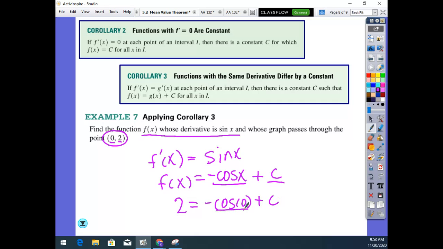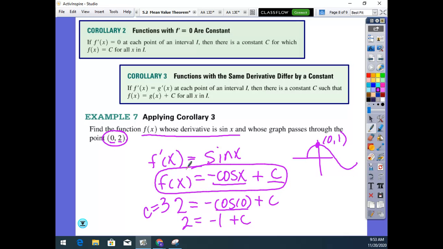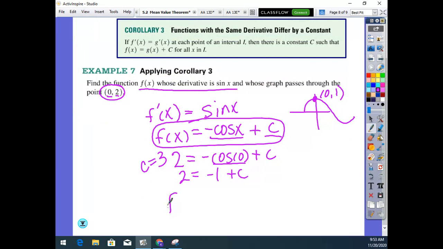Now, what is cosine of 0? Cosine of 0 is 1. So 2 equals negative 1 plus c. So my c value is 3. So that means I can go back to this equation and finish the equation with negative cosine x plus 3.